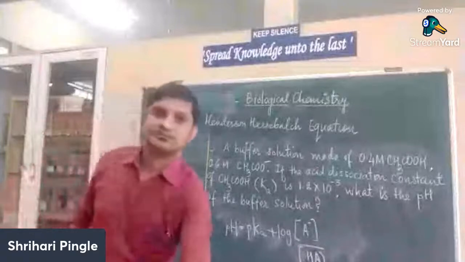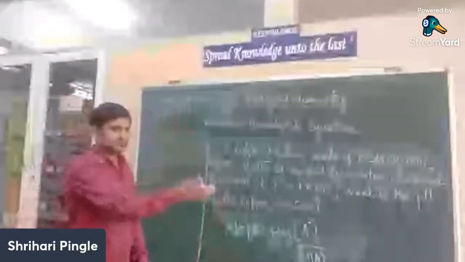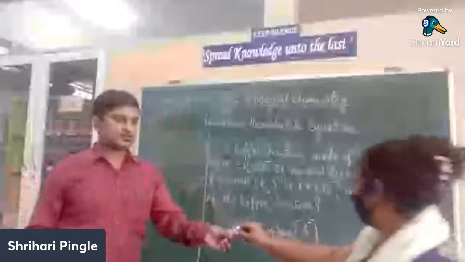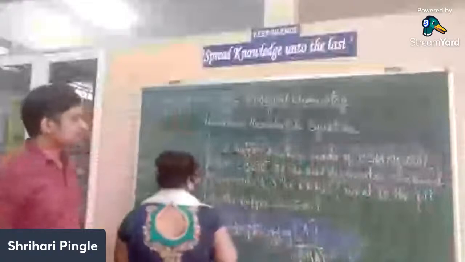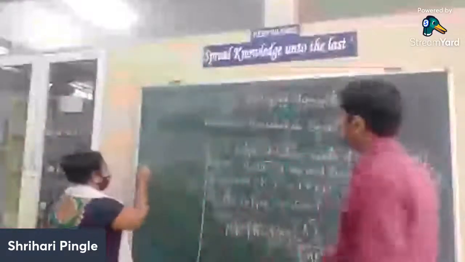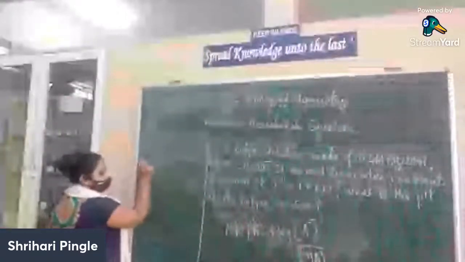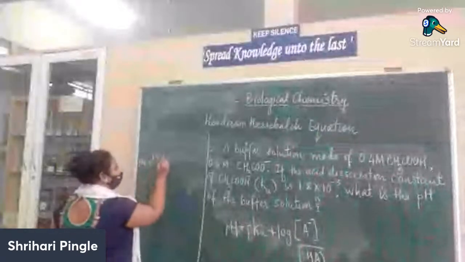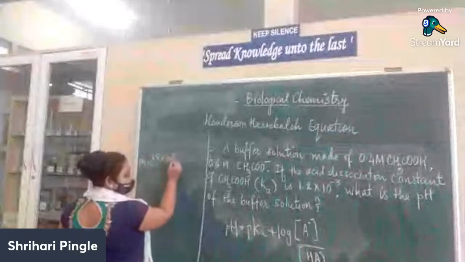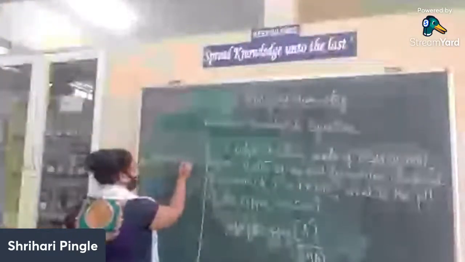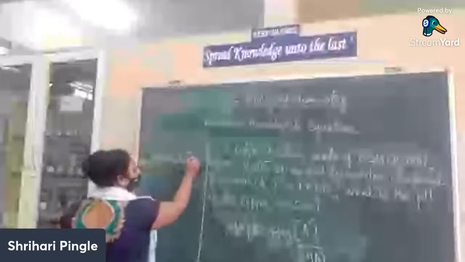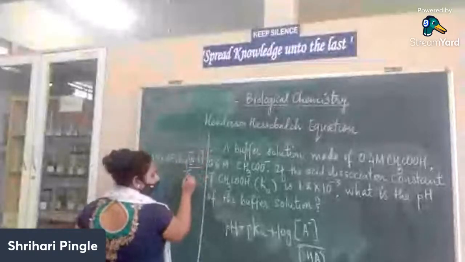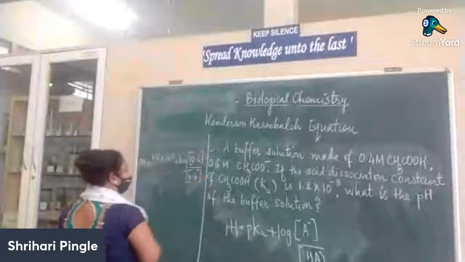Who is going to come? Anybody? Yes, please. What is your name? Trupti Mokar, right? Trupti, write it here. After putting the values in this equation, how will you go to the next step? So she writes pH is equal to 1.8 into 10 to the power minus 3 plus log concentration 0.6 upon concentration 0.4.